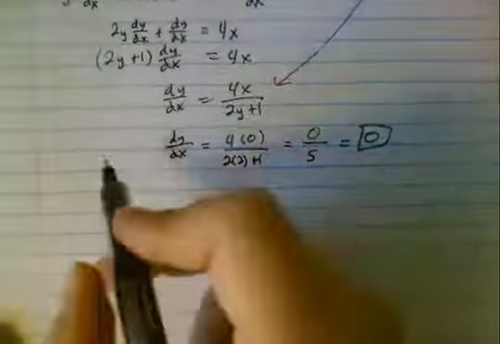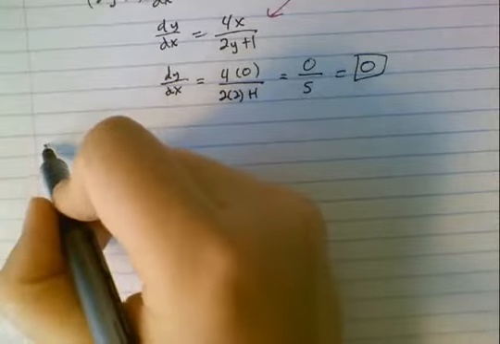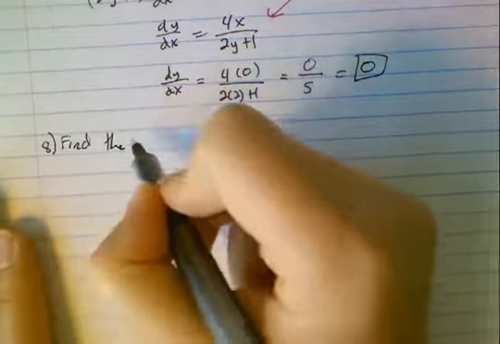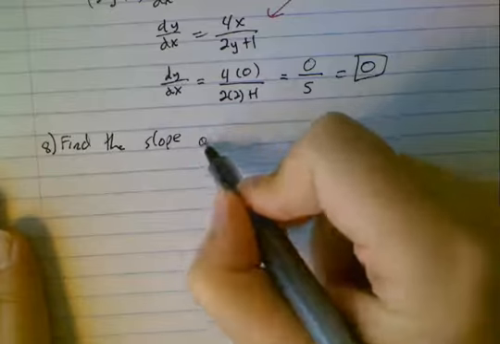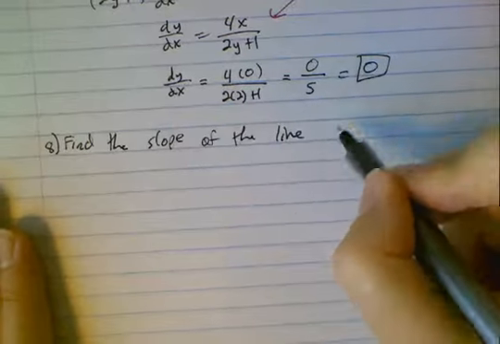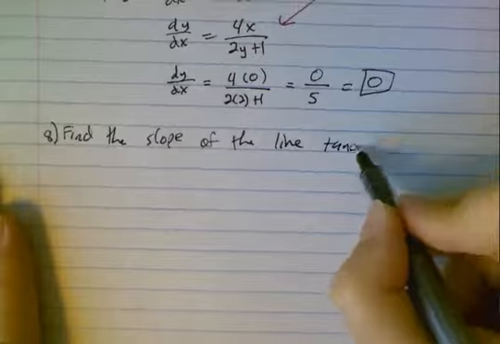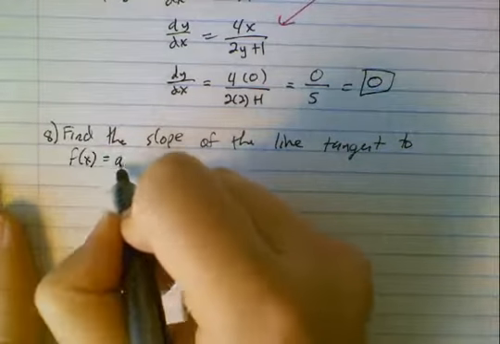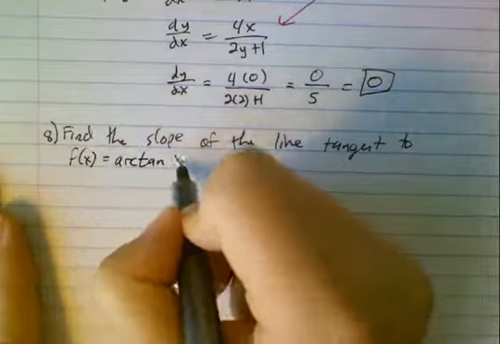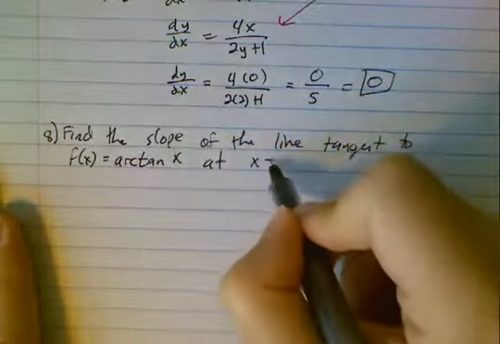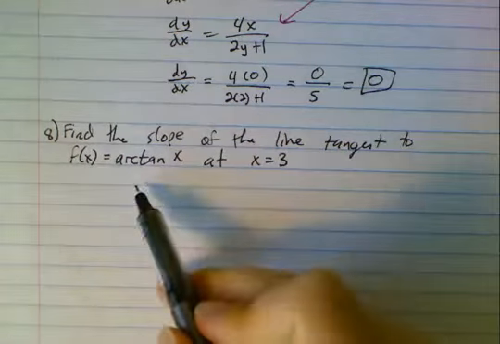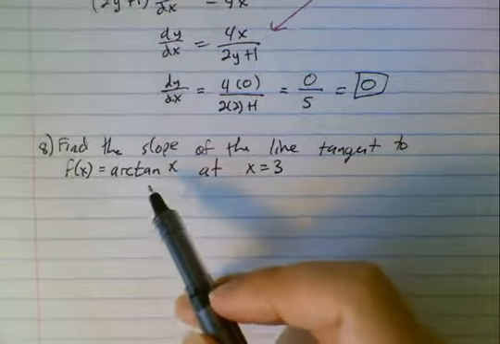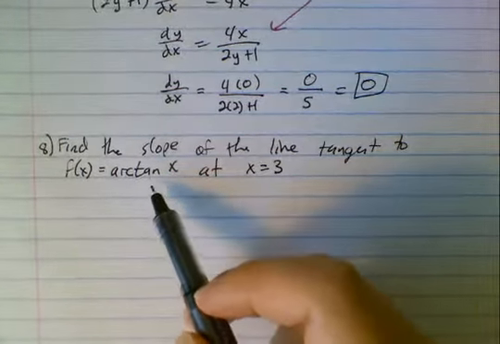Okay, our final one involves the derivative of inverses. Specifically, inverse tangent of x. Go back to the lecture on derivatives of inverses if you don't know how to take this particular one.